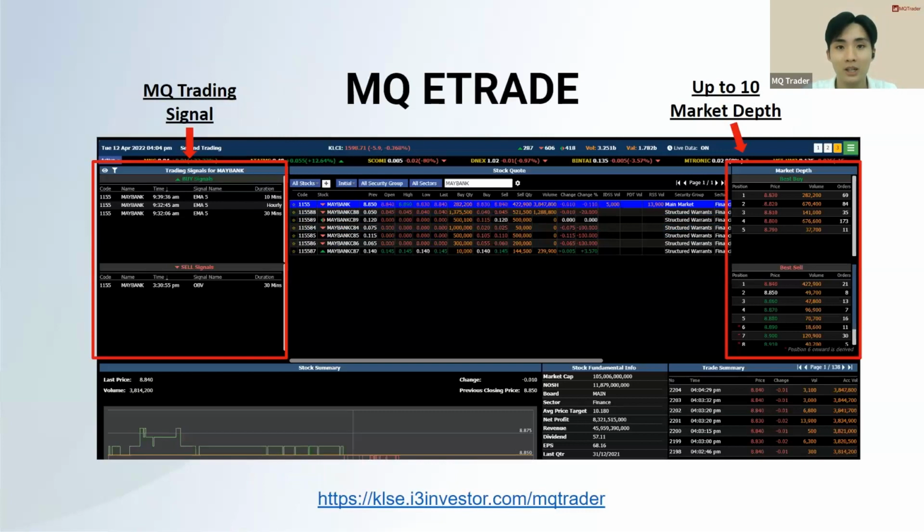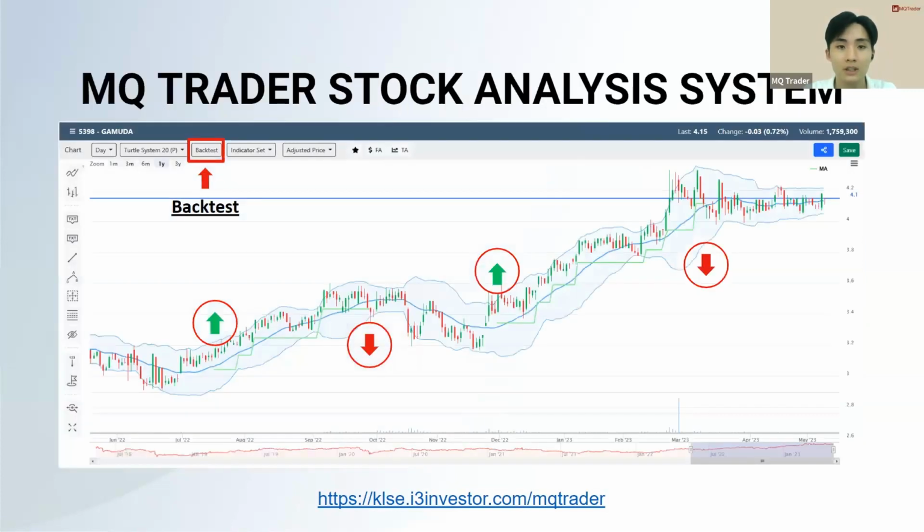In this system, like I mentioned just now, you can view a lot of information of each stock at a glance, like live market quotes, our exclusive MQ trading signals, and even up to 10 market depths. I believe this info is very useful and can facilitate your trading journey greatly. And this is our MQ Trader stock analysis tool.